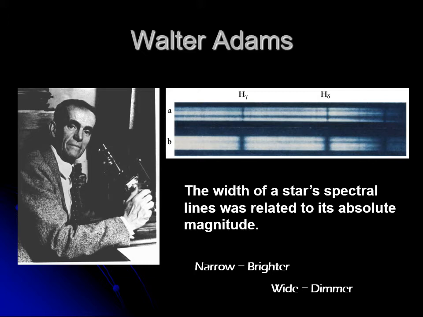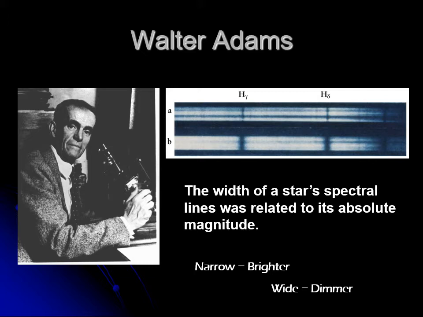Now, why is this important? Well, if both stars are the same temperature, the small star can be dimmer and the big star can be brighter. Remember the luminosity, or the brightness of the star: luminosity was sigma A T to the fourth.